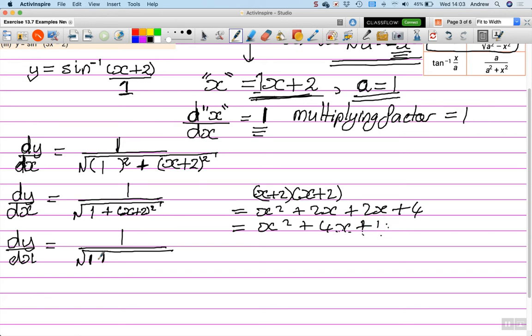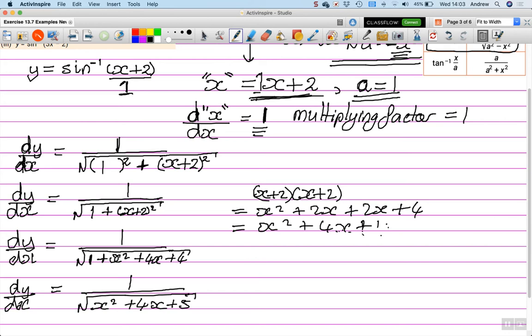So we're going to get 1 plus x squared plus 4x plus 4. And then one more line of working out. dy/dx is going to be equal to 1 over the square root of x squared plus 4x plus 5.